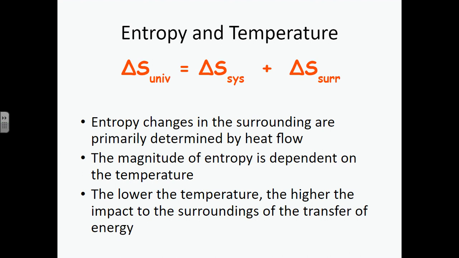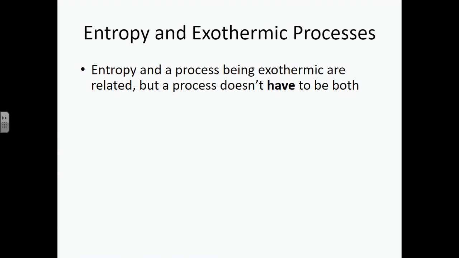Now, the lower the temperature, the higher the impact to the surroundings of the transfer of energy. And remember, temperature is measured using Kelvin, not degrees Celsius or Fahrenheit. And that's primarily because Kelvin is not a negative number.